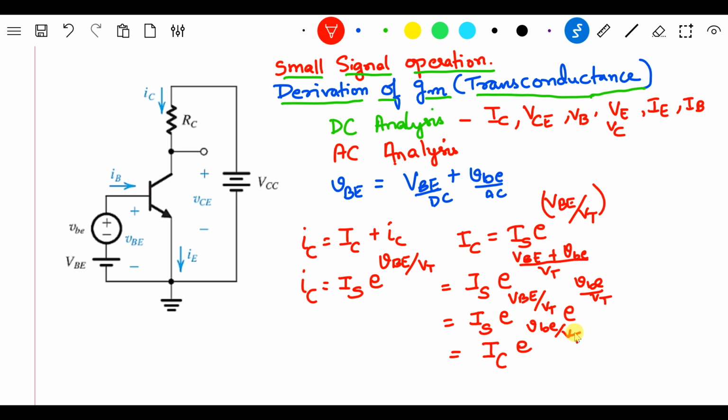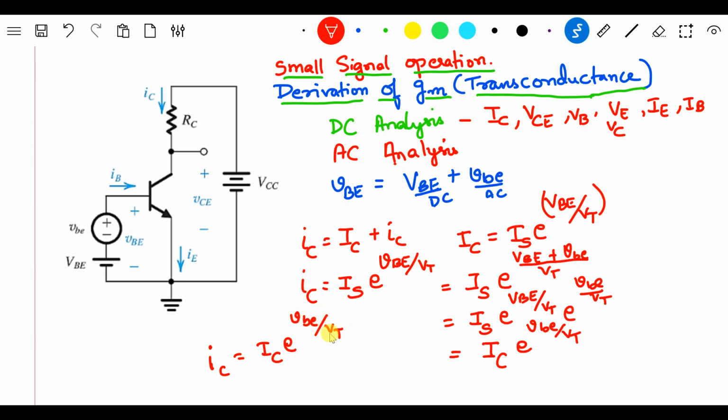So the instantaneous collector current equals your DC current IC multiplied by e power small vb by VT.